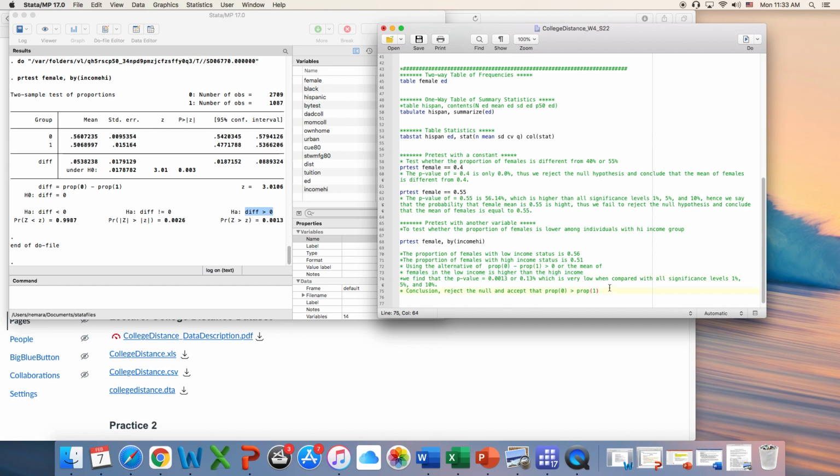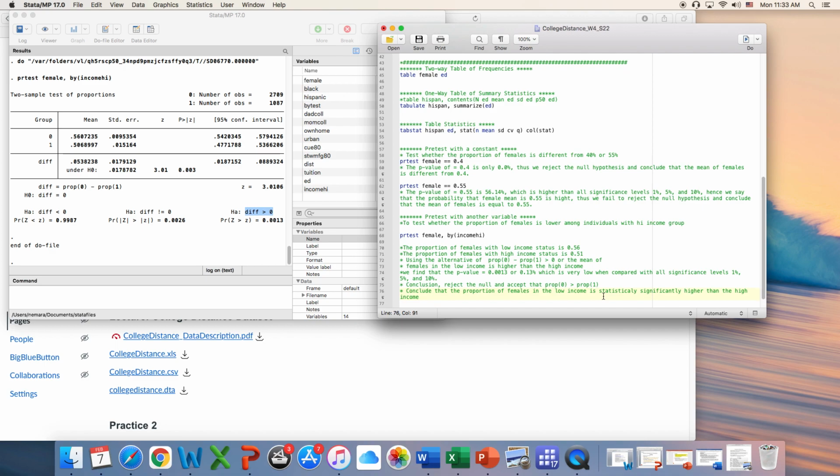The proportion of females in the low income group is statistically significantly higher than the proportion in the high income group, right? So this is like a complete conclusion.